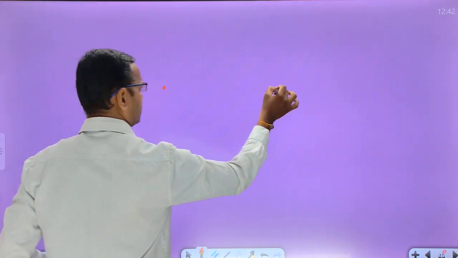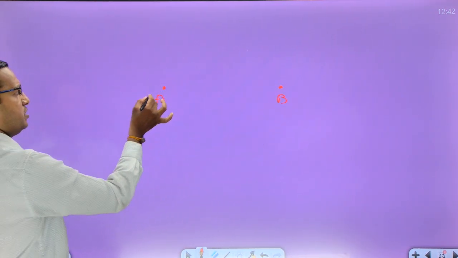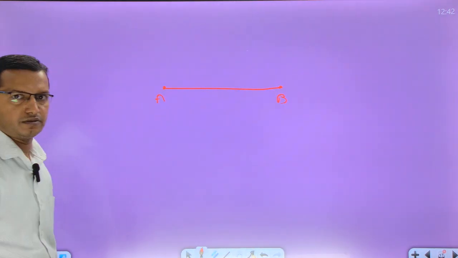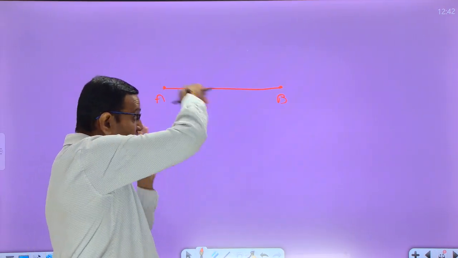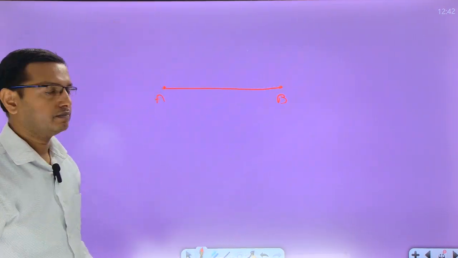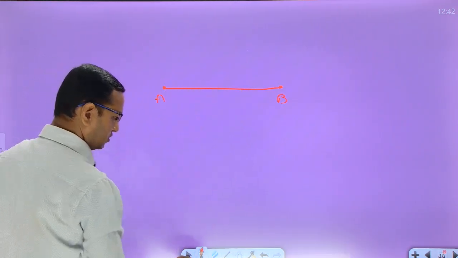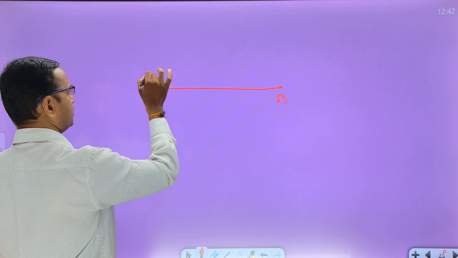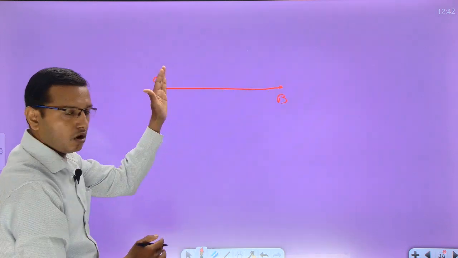The same example, the same story. The object is moving from A to B, and remember, it is moving the shortest path. The shortest path is nothing but our displacement. From A to B, if I measure the distance and take the direction, then it is displacement. Say A is the origin, which I'll call O, or 0.